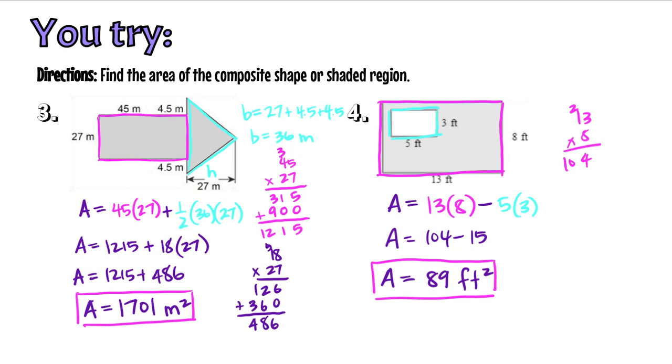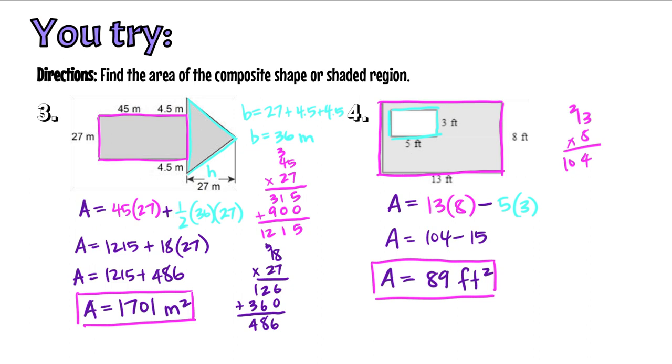So 36, so 1/2 times 36 times the height of 27 here. Those simplify, we get area equals 1,701 meters squared.